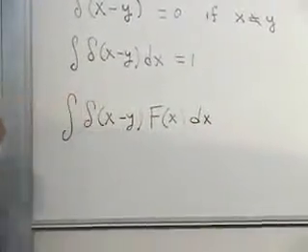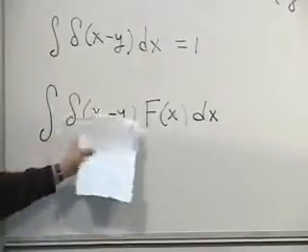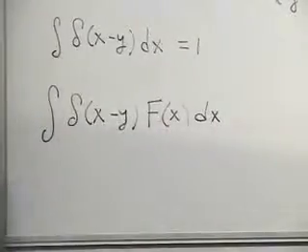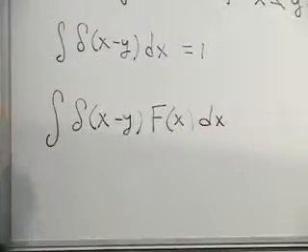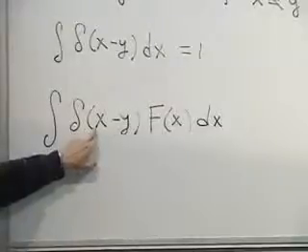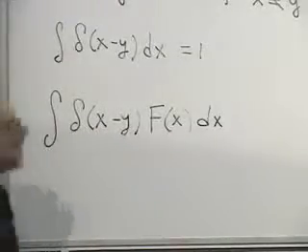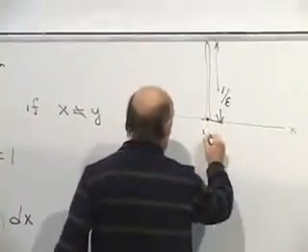First of all, the answer can only depend on f at x equals y. It cannot depend on f anywhere except x equal y, because the function that it's being folded in with vanishes everywhere except at x equals y. So here's a way to think about it. Supposing this point is the point y.